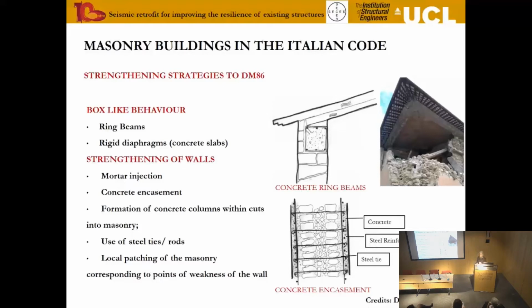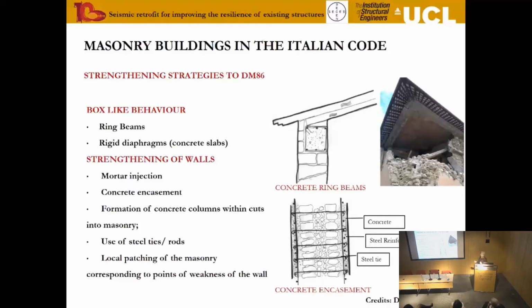Okay? So think of a frame, and then think of masonry structures, and think how, as an engineer, would you alter the behavior of a masonry structure to make it behave as a stiff concrete frame. Yeah? So that was, let's say, the philosophy behind these provisions.